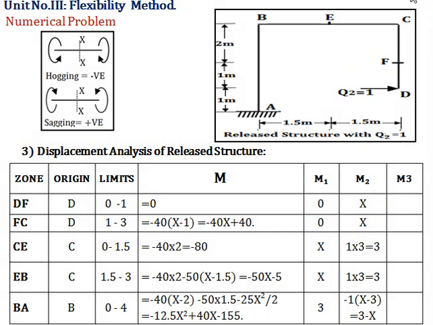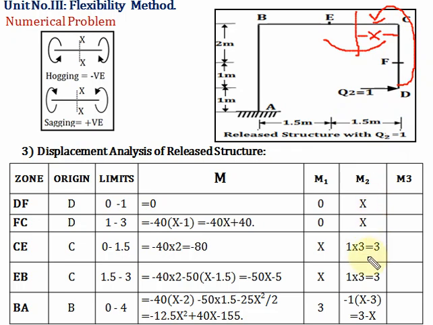Now we'll take the section in portion EC, measuring x from point C. This force will act like this. The nature of bending moment will be sagging, so plus. Here the distance CD is complete now, so 1 multiplied by this distance, 3, is 3.